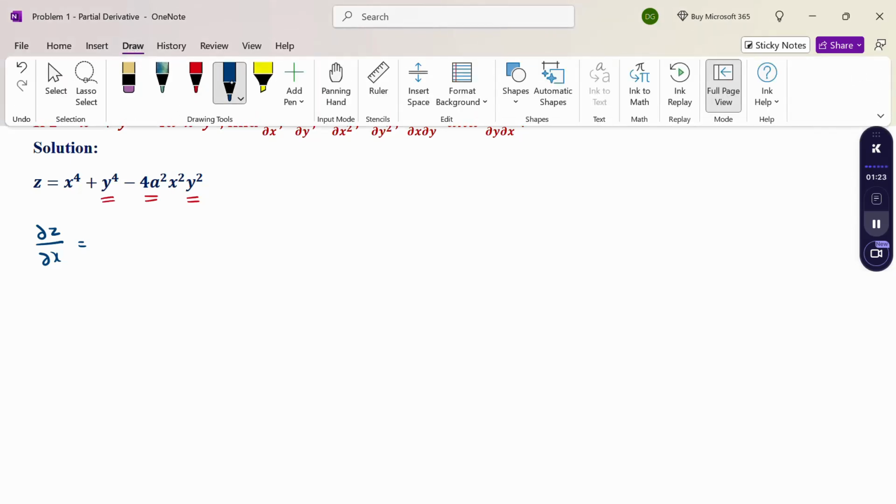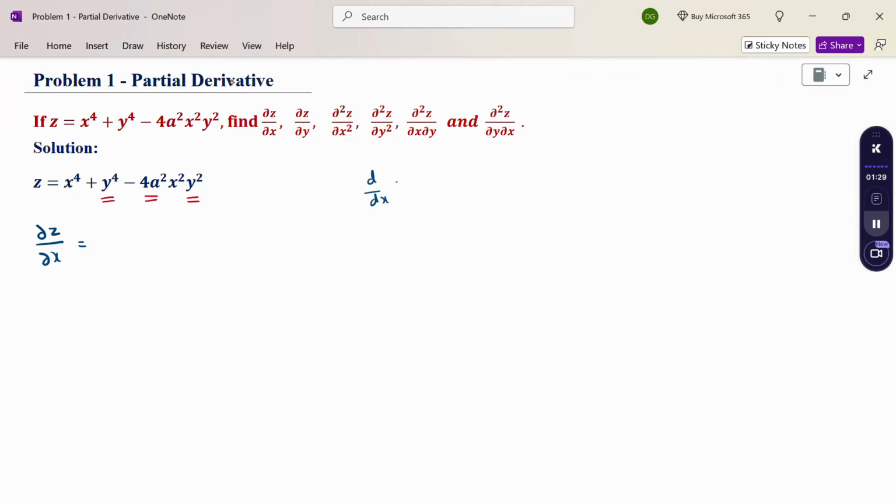Therefore ∂z/∂x is nothing but x⁴. For x⁴, d/dx of xⁿ is n xⁿ⁻¹. Applying this formula, x⁴ differentiated partially with respect to x gives 4x³. Then y is constant; when a constant is added or subtracted, the value is 0.